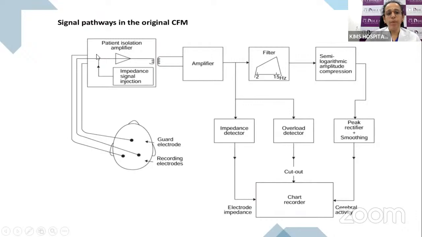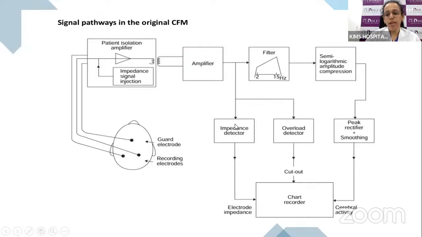Then there will be an impedance detector which will detect the resistance to the signal coming from the brain of the baby. Then come the subsequent steps, as we discussed: amplification, filtration, semi-logarithmic amplitude compression, and then rectification, smoothing, and recording of the cerebral activity. If the impedance is higher, it will display on the monitor that the impedance is going high.